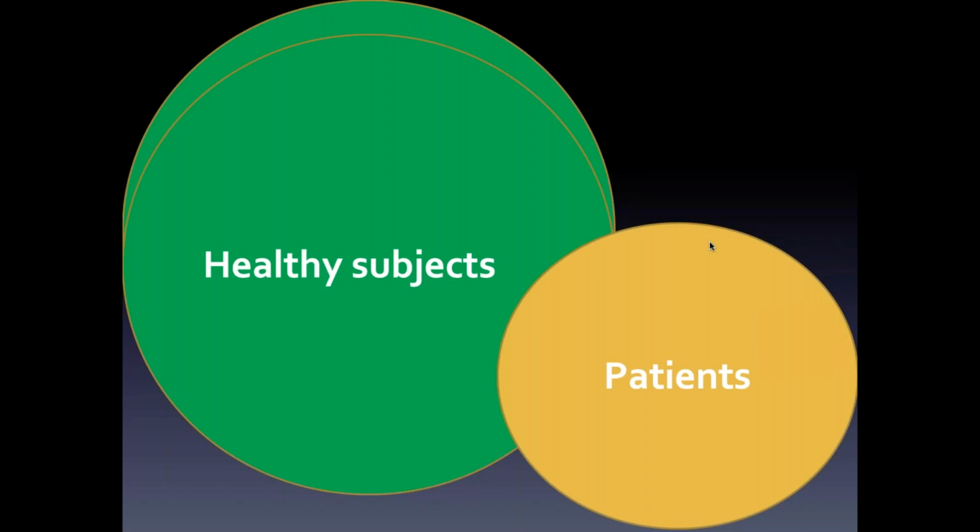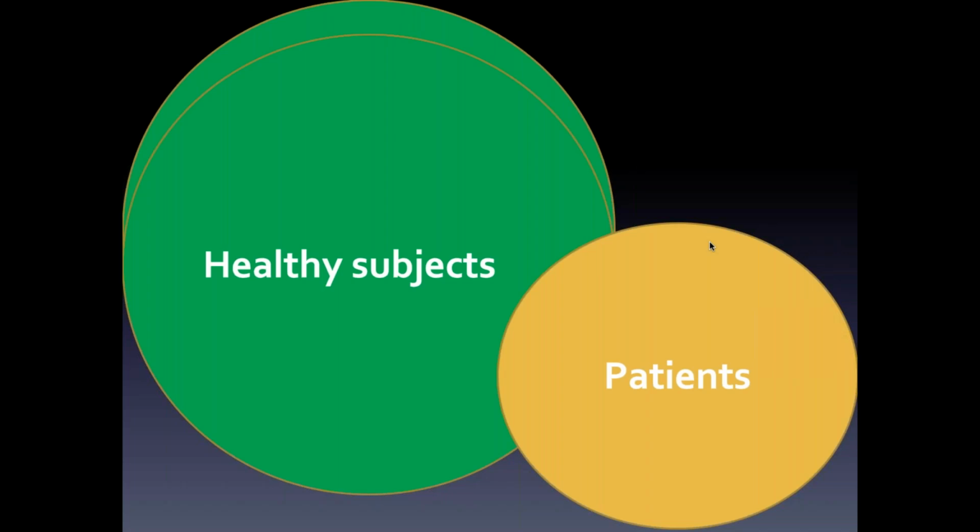CT scan can detect very subtle changes in the lung, even in healthy subjects, as already known, for example, for lung cancer. So this is the same setting. You have CT scan performed for other reasons in so-called normal subjects, and we can detect lung abnormalities.